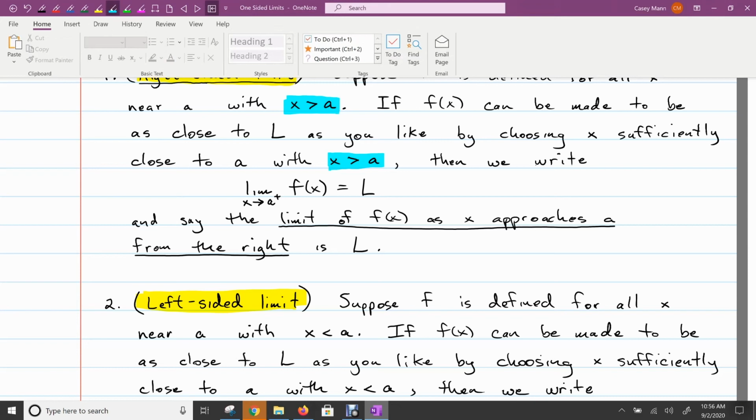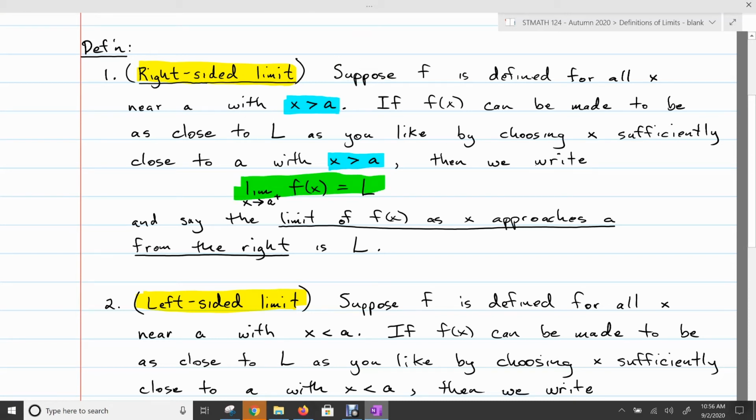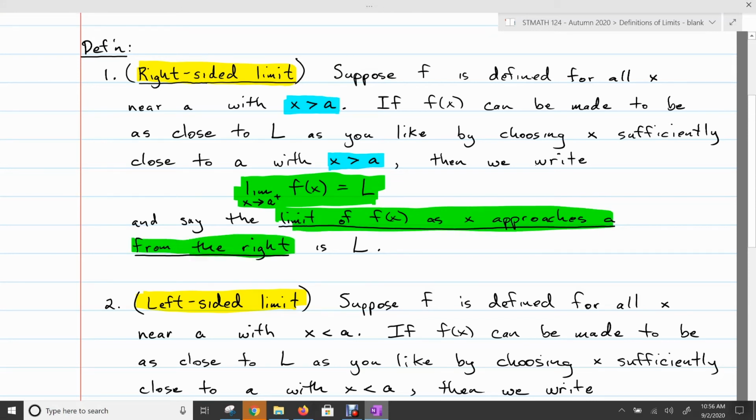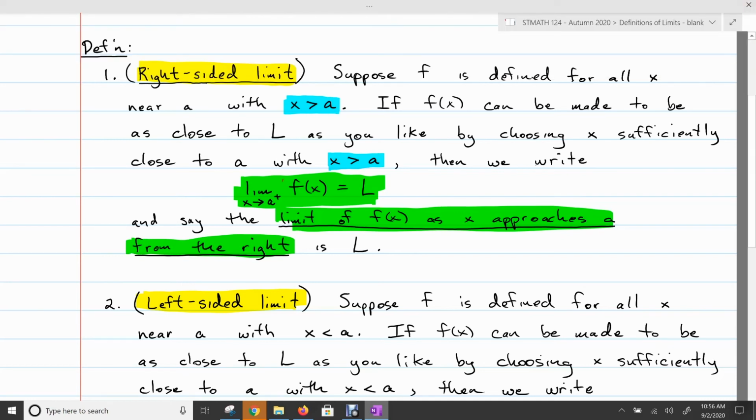But if you can make those function values as close to L as you like by choosing your x's close to a but greater than a, then you use this notation to express that scenario. So this reads the limit of f of x as x approaches a from the right. So you see the main difference in the notation is the inclusion of this little plus sign right here.